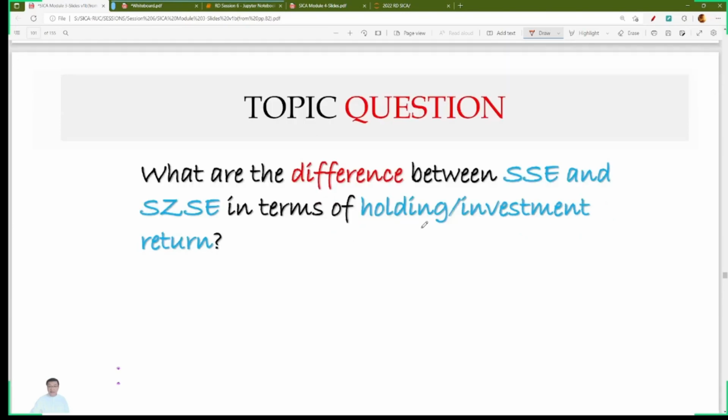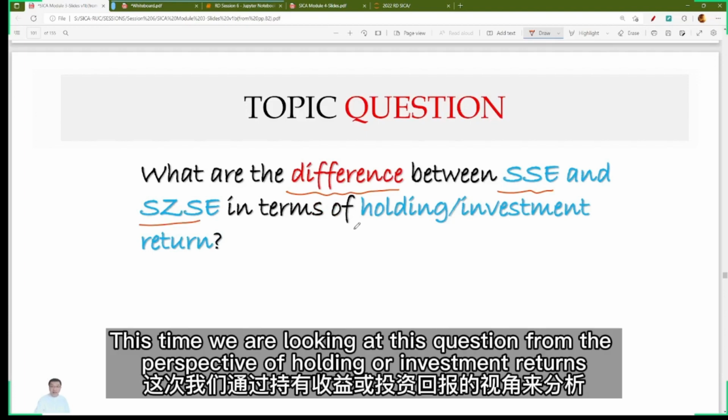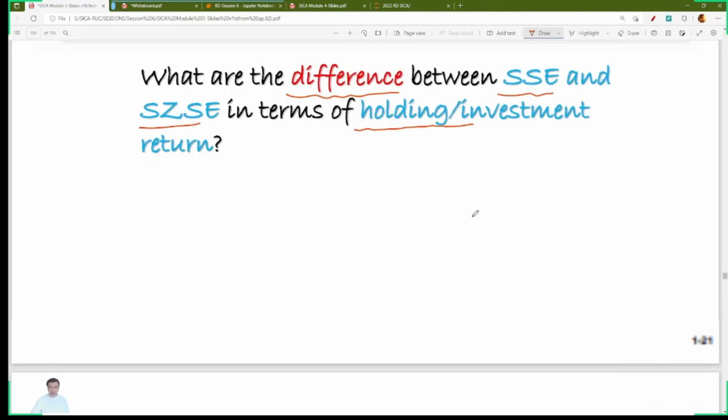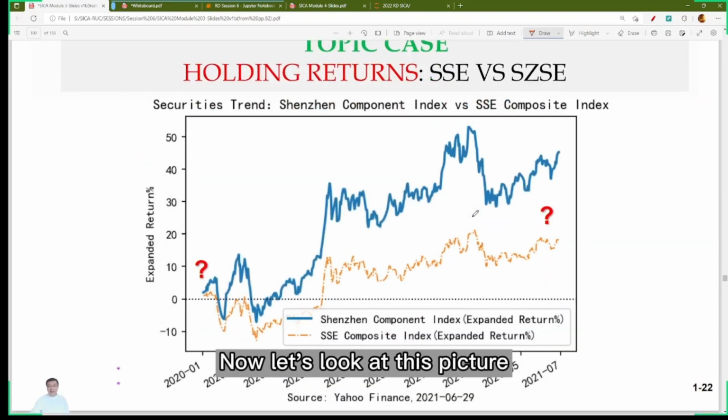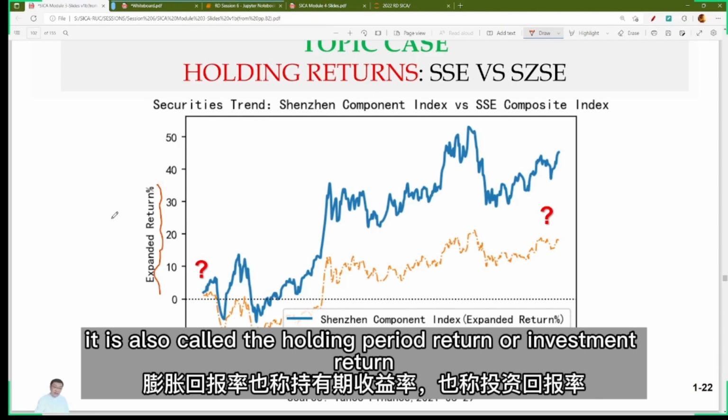First, let's look at the differences between SSE and SZSE. This time, we are looking at this question from the perspective of holding or investment returns. You may have a better understanding of the difference between Shanghai and Shenzhen. Okay. Now let's look at this picture. This is a picture comparing the expanded return. It is also called the holding period return or investment return.